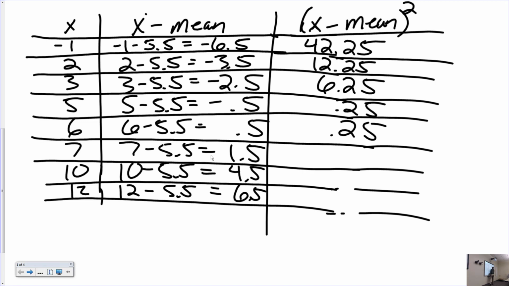Those are easy. 1.5. I can even do that one. 4.5. That one I don't remember. 20.25. And 6.5. I can do that one because we already did it. Right, if you square negative 6.5 and you square 6.5, they're going to be the same, right?